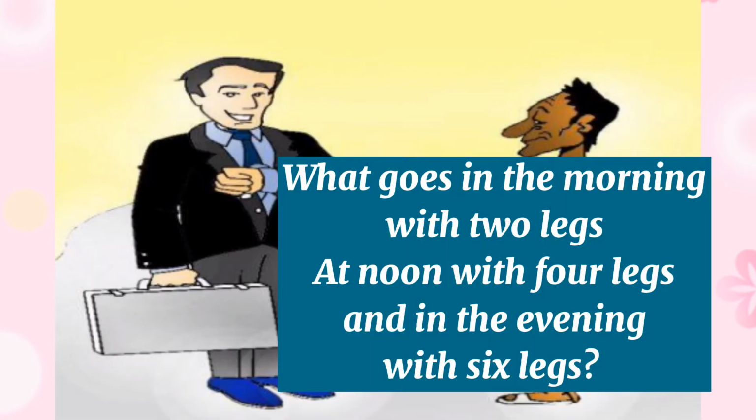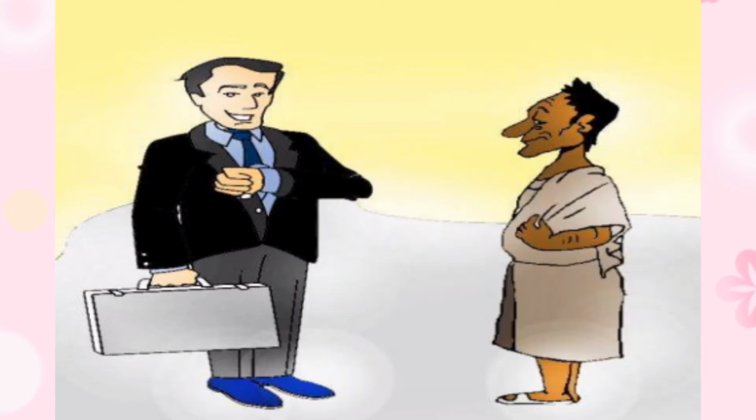What goes in the morning with 2 legs, at noon with 4 legs, and in the evening with 6 legs? There was a long silence and everyone was staring at the educated man. He searched his brain for a long time, but to no avail. He did not know the answer and had a choice but to hand over 5,000 lei, which was everything he had.